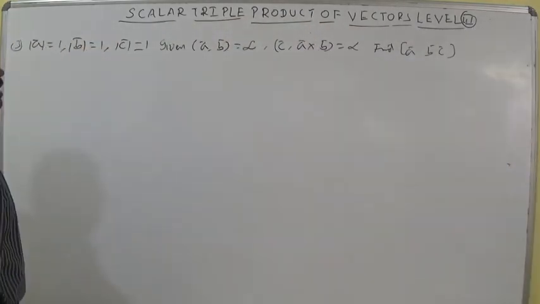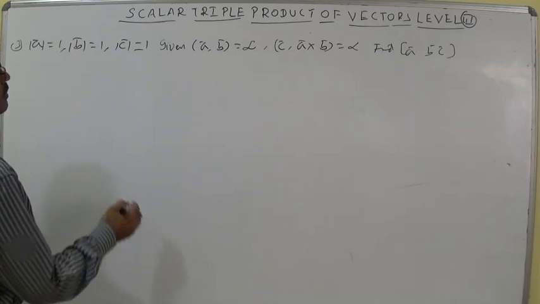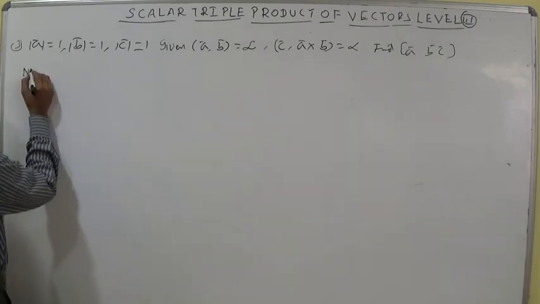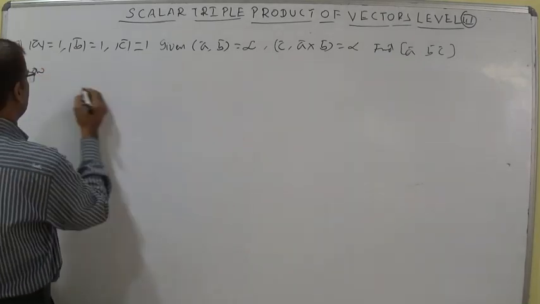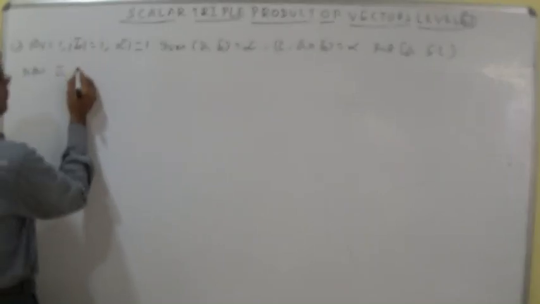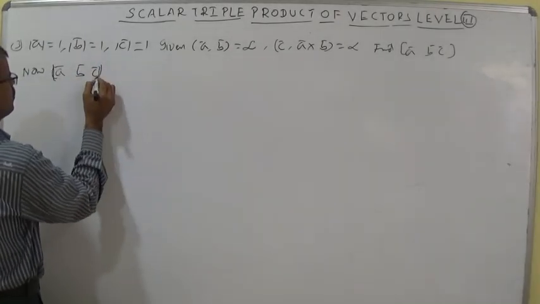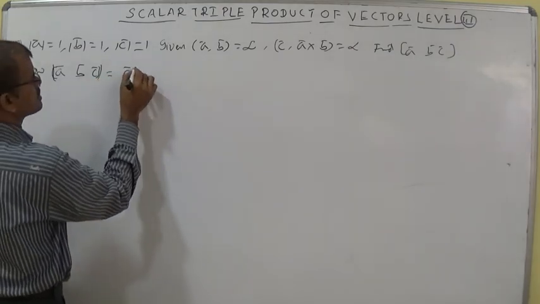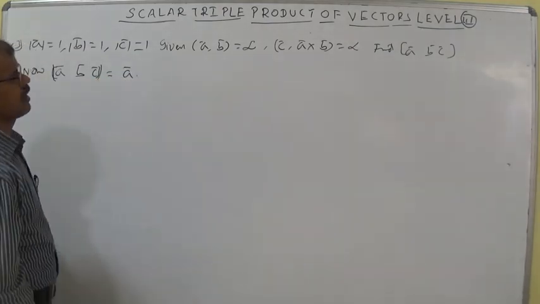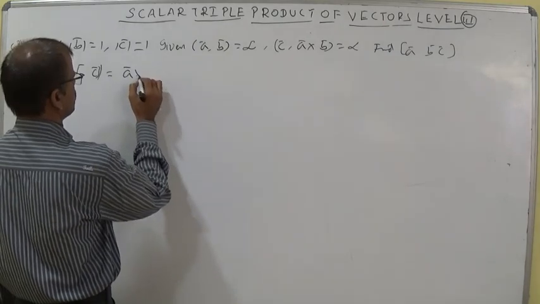So angle (A, B) alpha is given, and (C, A cross B) is also given. According to the given data we can write box ABC, take modulus. Modulus of box ABC can be written as A bar cross B bar dot C bar.